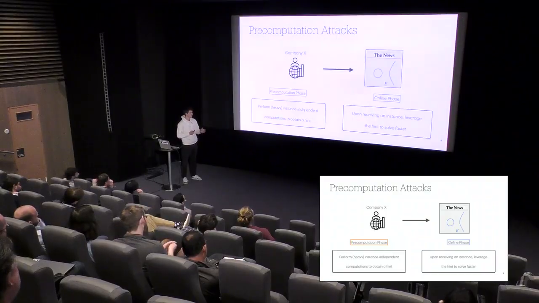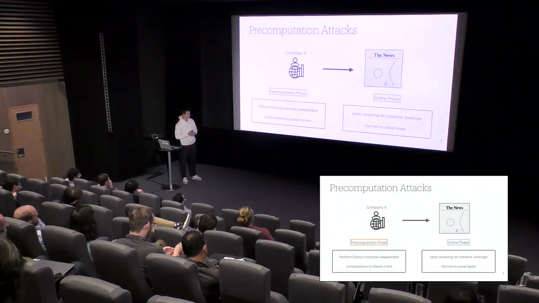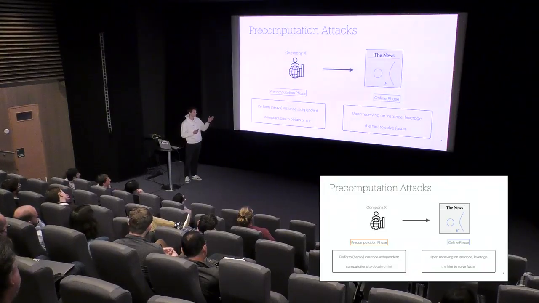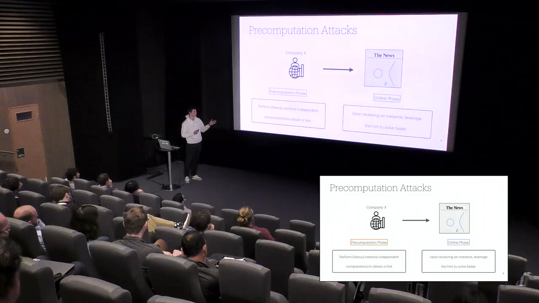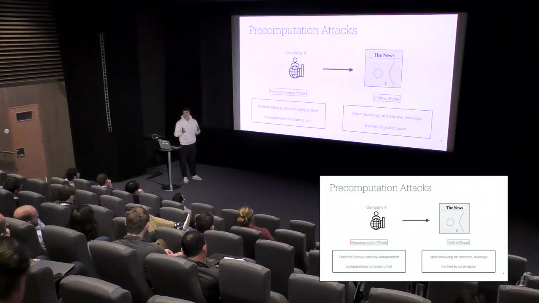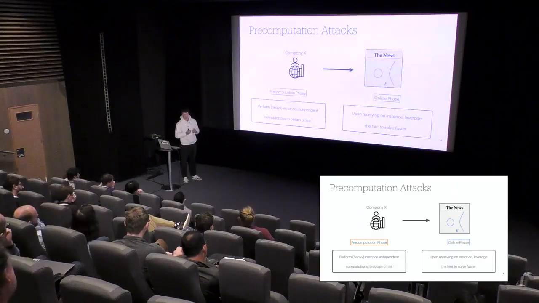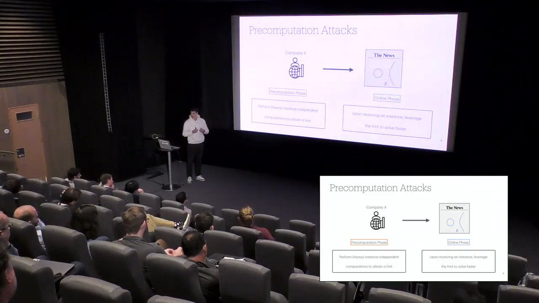Just to fit the previous example into this picture, the computation must be instance independent, which means that it shouldn't depend on the particular instance we're trying to solve, but rather on the general structure of the problem and, for example, on the specific elliptic curves that company X wants to publish eventually. And the hint in that case was the lookup table, of course.